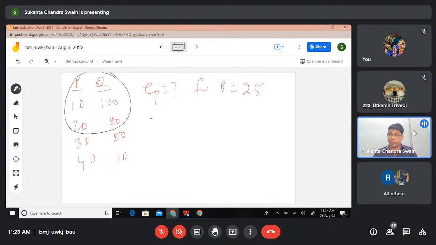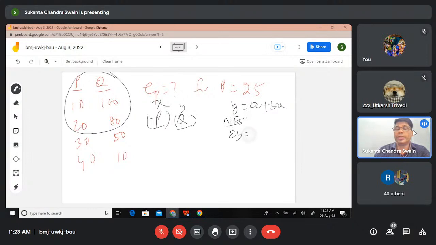Okay, so now what we will be doing, this demand schedule will be converted to a demand equation by applying the regression technique. Means P is given, Q is given, P you can take as X, Q you can take as Y, then your regression equation is Y is equal to A plus BX, and the normal equations are sigma Y is equal to NA plus B sigma X, sigma XY is equal to A sigma X plus B sigma X square.